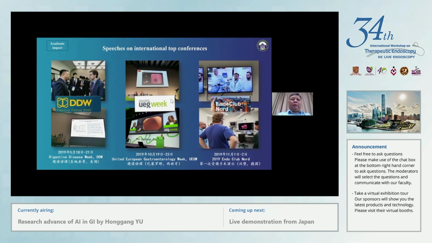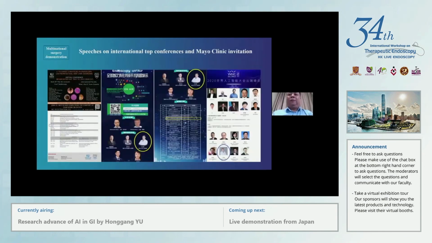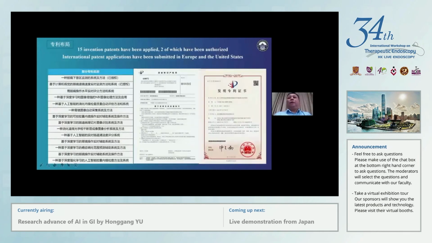And this year I also participated in conferences including the West China Hospital International Conference. I have already got 2 patents from our government. In only 2 years, I got 2 patents, and now we have applied for patents in Europe and the United States.